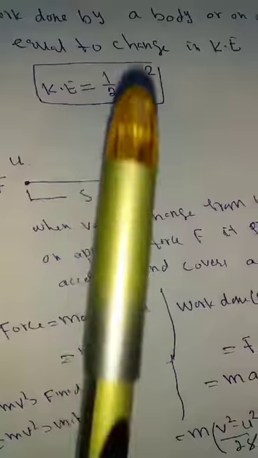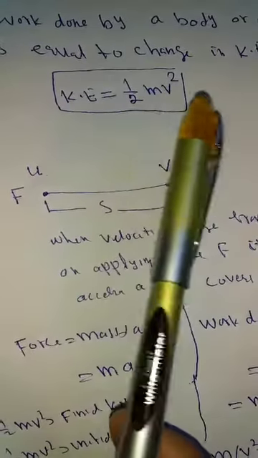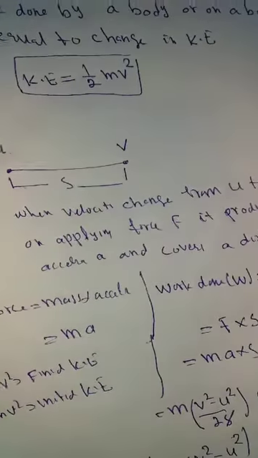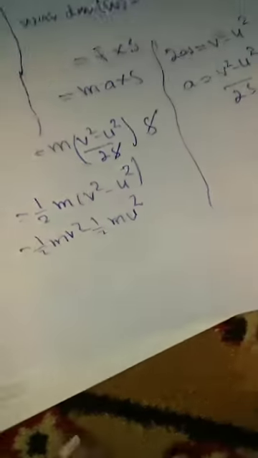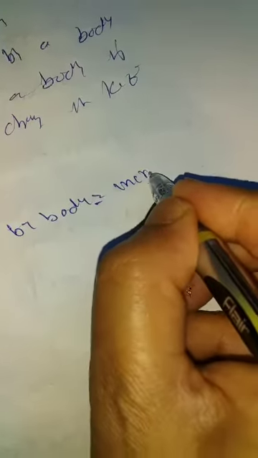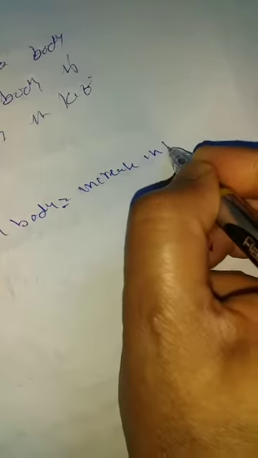Similarly, when velocity decreases, there is a decrease in kinetic energy. Therefore, work done by a body is equal to the change in kinetic energy, or we can say the increase in kinetic energy of the body.